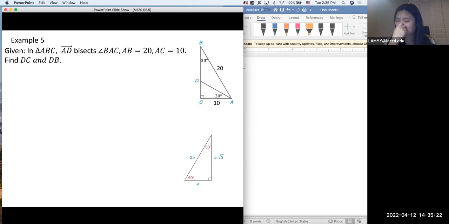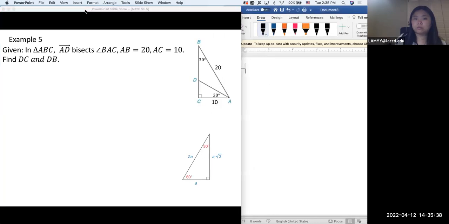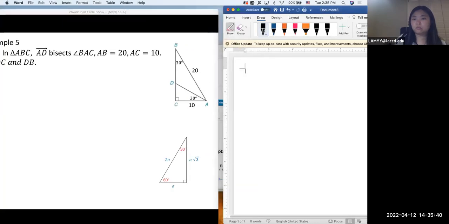Wait, I think for talking about DC, you don't consider the triangle ABC, okay? Try to think about the triangle ADC. A equals 10 square root 3 over 3. Good.